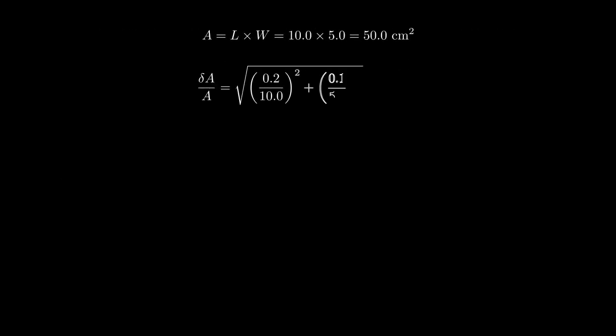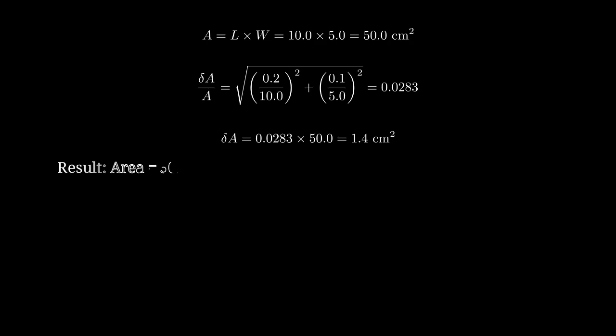The relative error in area is the square root of 0.2 over 10.0 squared, plus 0.1 over 5.0 squared, which equals 0.0283. Converting to absolute error, 0.0283 times 50.0 equals 1.4 square centimeters. So our final result is an area of 50.0 plus or minus 1.4 square centimeters.